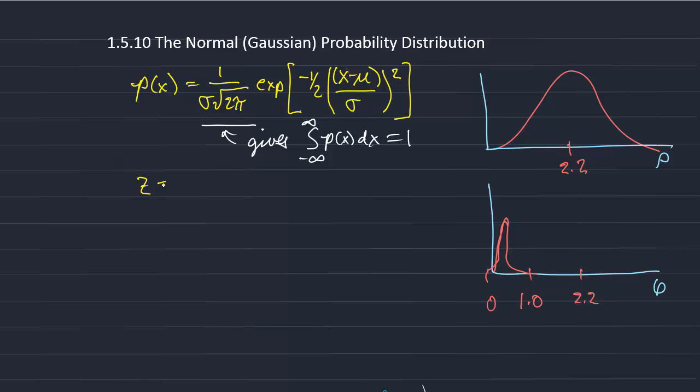So instead of just plotting it versus x, we can plot the probability density function in terms of x minus the mean divided by sigma, right? In which case, both of these curves would look the same.